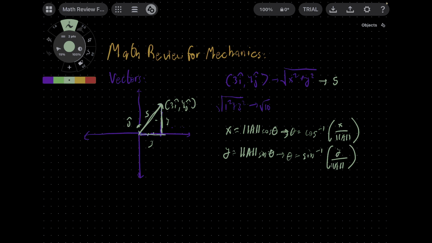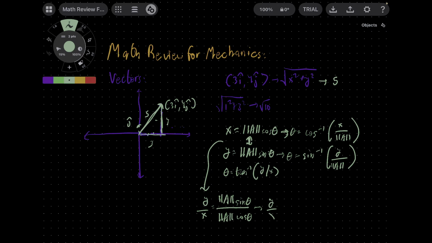But what if you don't know what the magnitude of that vector is and you want to find direction as fast as you can? Another way is theta is equal to tan inverse y over x. We can figure that out by using these two equations over here and having y over x. So y over x is equal to magnitude sine theta over magnitude multiplied by cosine theta.